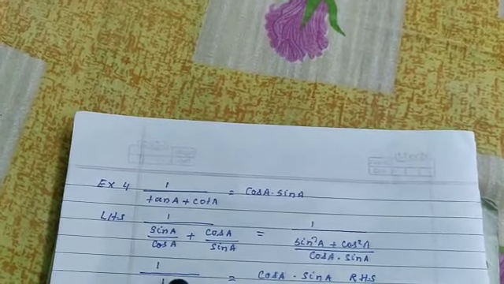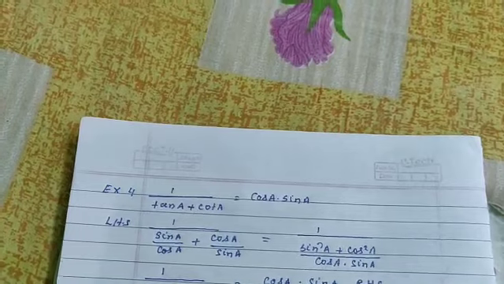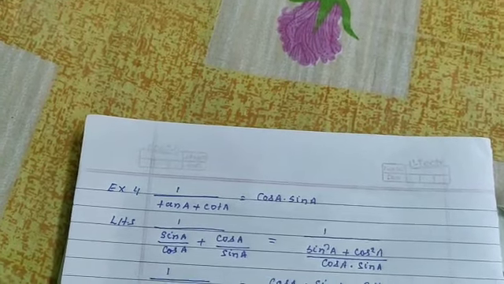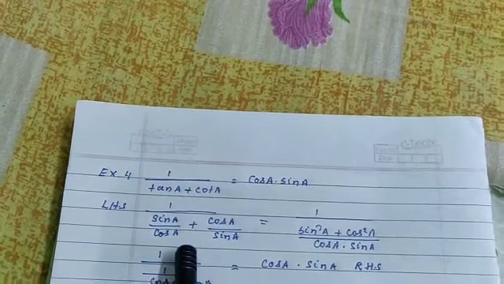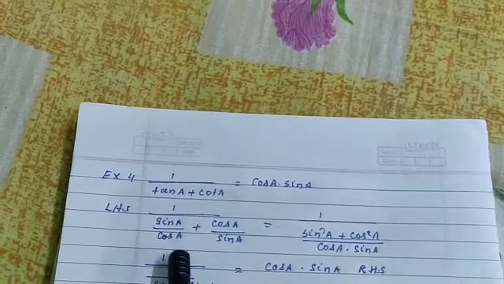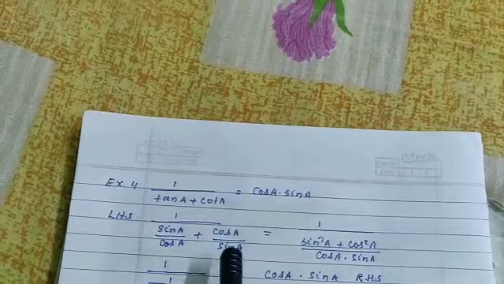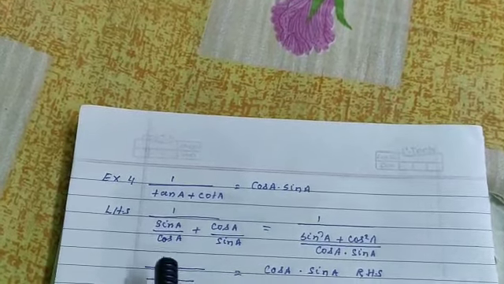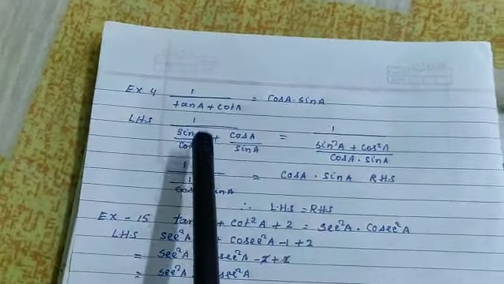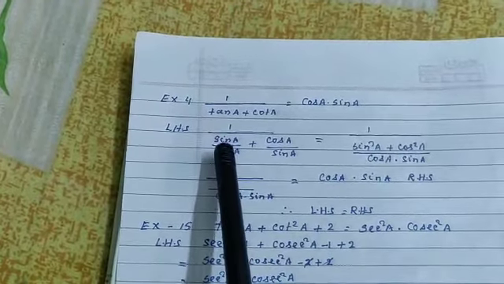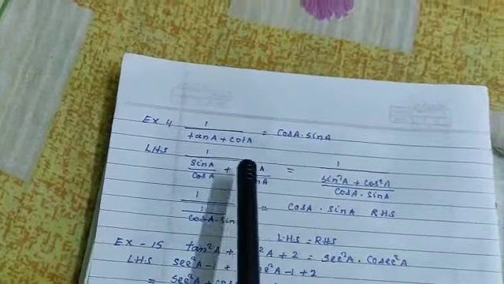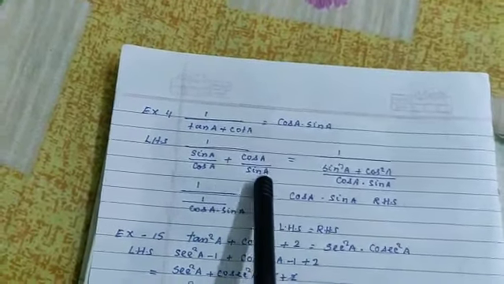On the right hand side sin A and cos A are given, therefore on the left hand side also we convert to sin and cos. So tan A is equal to sin A by cos A, plus cot A is equal to cos A by sin A.